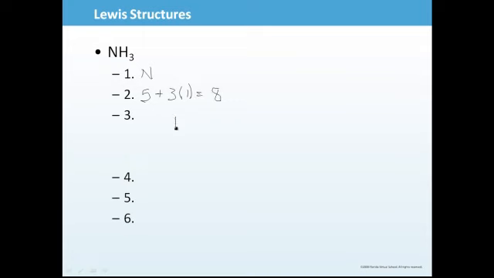Again, we're going to put the nitrogen in the middle and then draw our skeletal structure. So we're going to bond each hydrogen to that central atom. Step 4, remember, is to complete the valence.